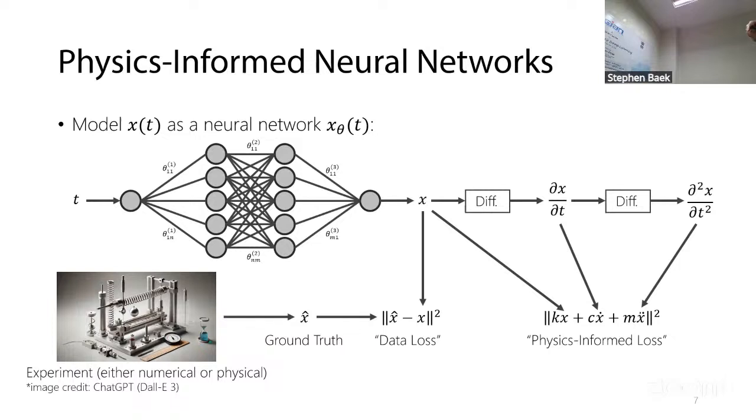So you're not only minimizing the data loss, but also the physics-informed loss, or the residual of the differential equation. And if you train in this way, you should be able to train the neural network in a more reliable manner, is the argument of Raissi et al., who proposed this idea of the physics-informed neural network. Questions so far?